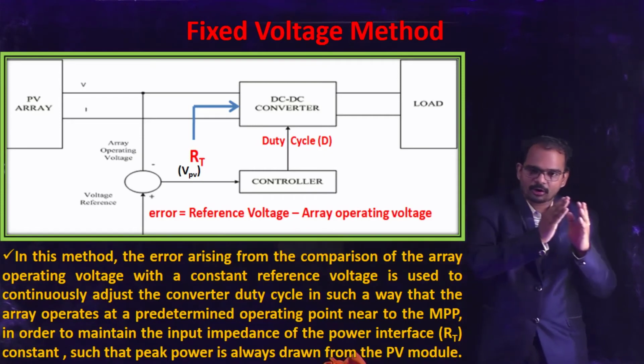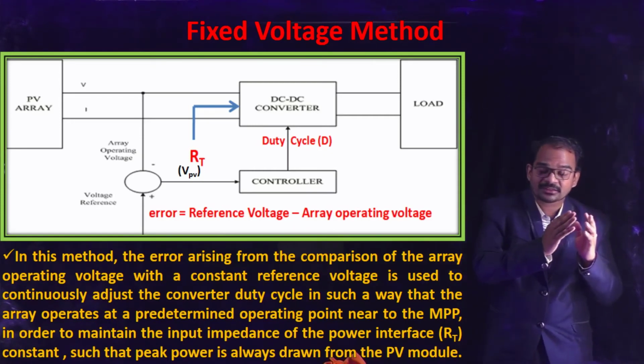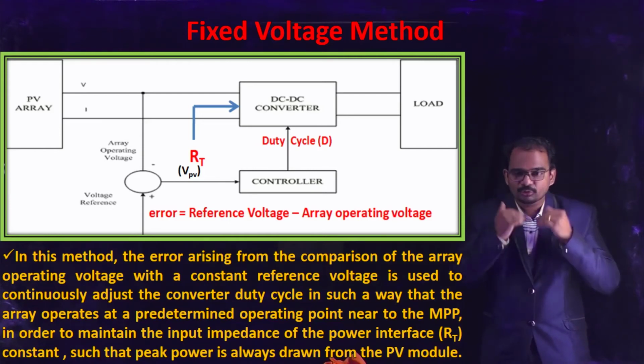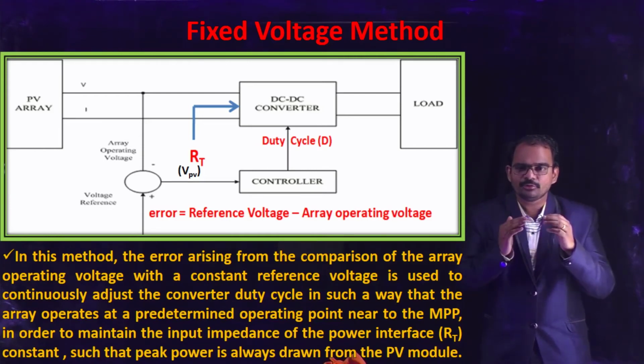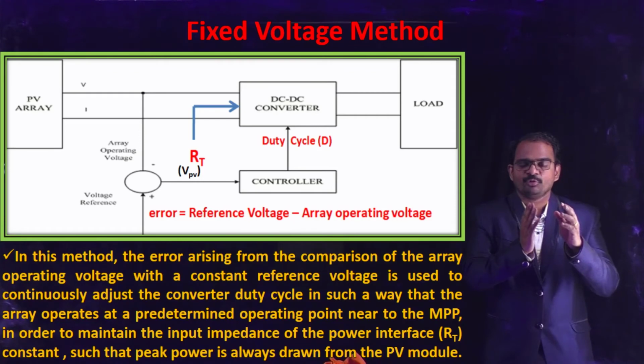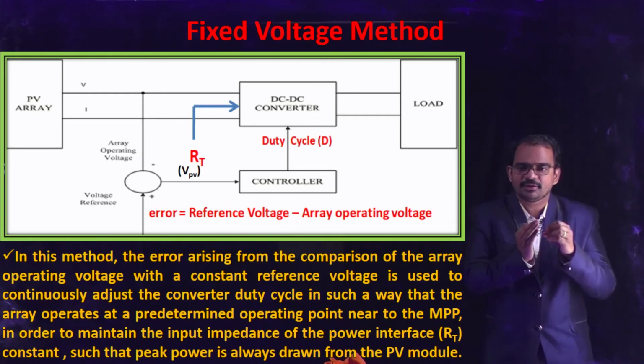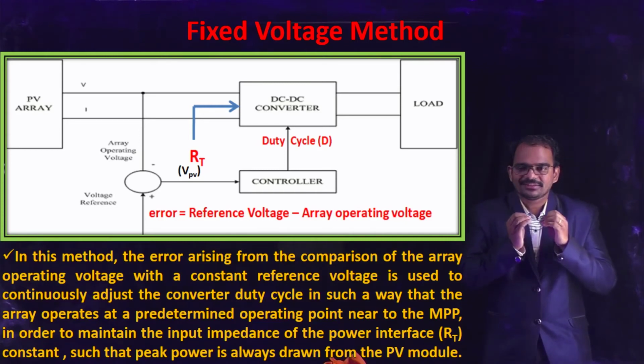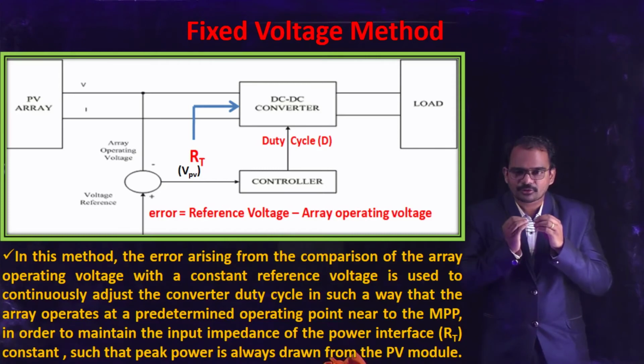So in order to operate the PV panel at the operating point A again, what you need to do? You need to change the value of the array operating voltage VPV to Vm again, and that will be performed with the help of a DC to DC converter and a control input.